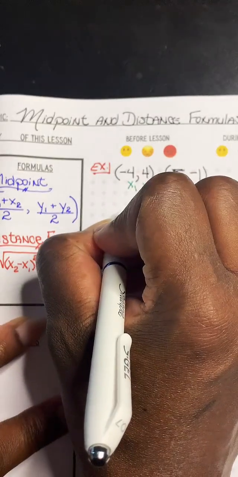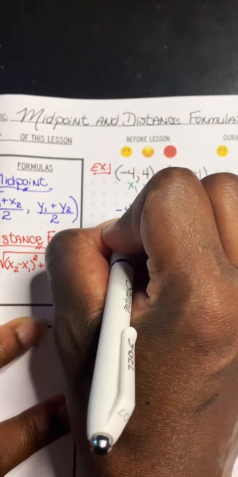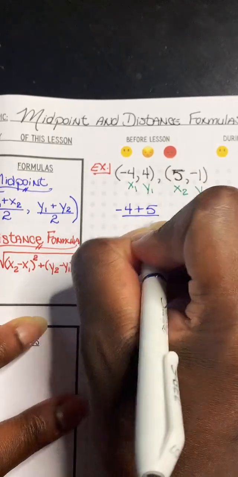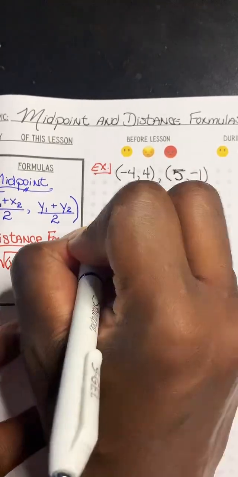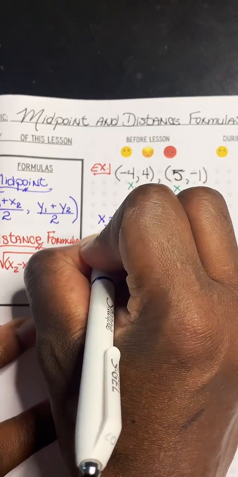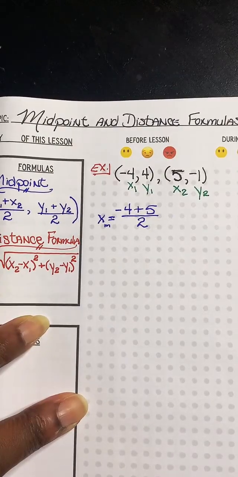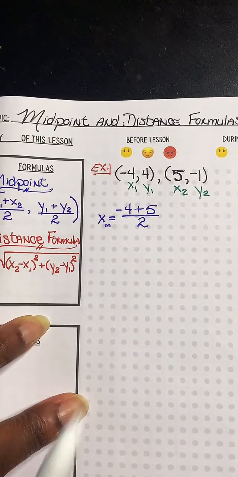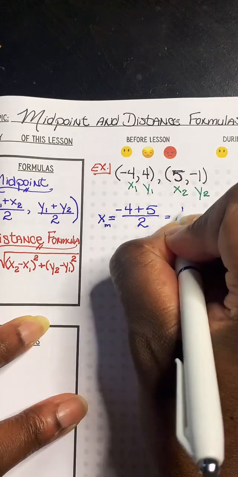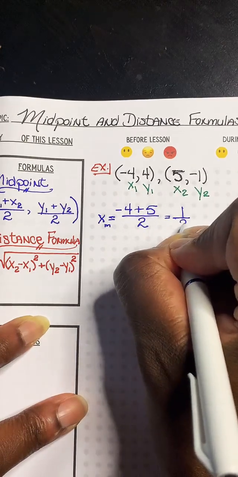Okay, so we can go ahead and add those up. To find our x, we have -4 plus 5, and we're going to divide by 2. This is for us to find the x of the midpoint. So -4 plus 5 gives me 1, so 1 over 2.